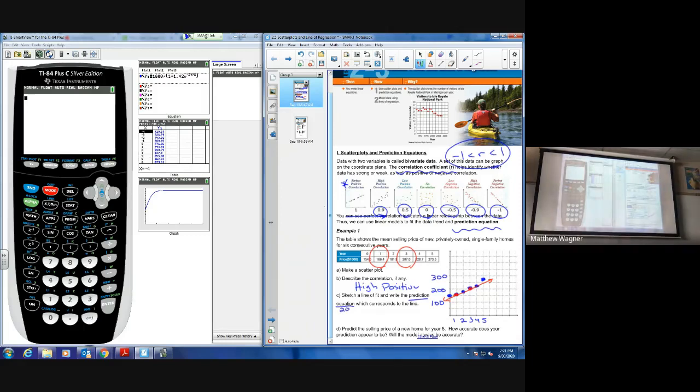So we need to figure out our slope. So I'm going to do 207 minus 166.4 over 3 minus 1. And I'm going to get my slope is about 20.3.